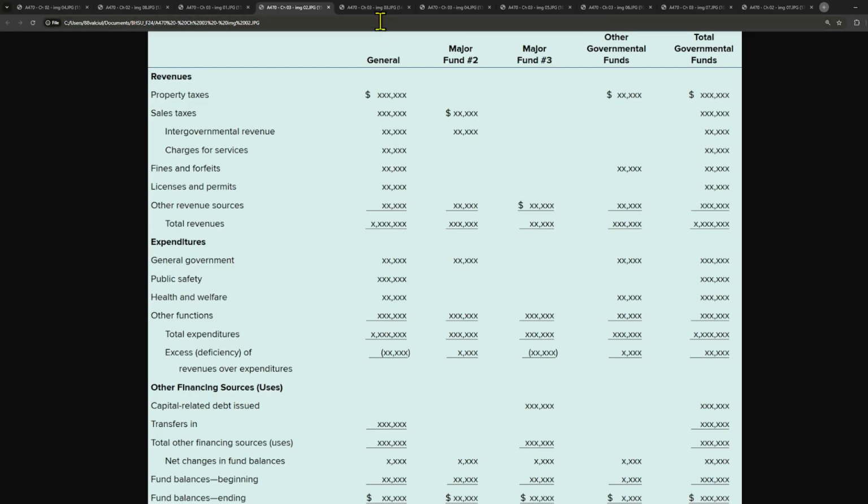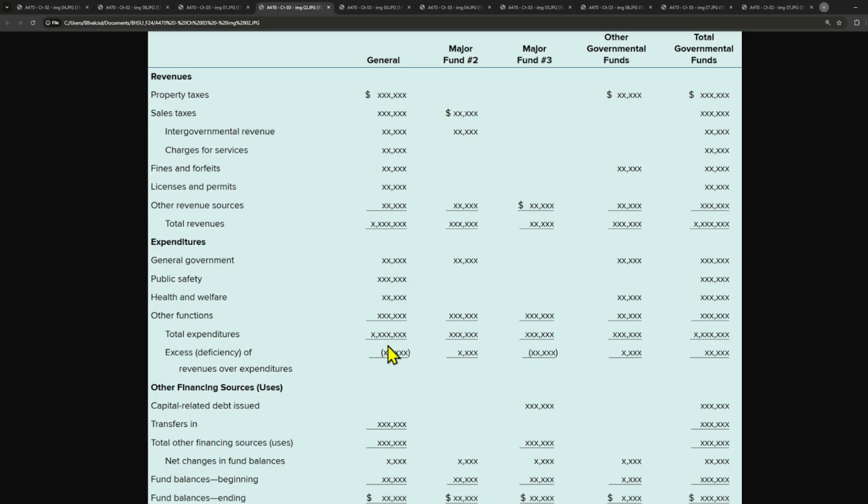Just make sure that you're clear, because unfortunately they have a bunch of confusing terms. Do you remember how confusing it was the first time you heard someone talk about depreciation expense versus accumulated depreciation, right? Why do they have to be so close in the terminology, and yet they're very different? Or sales revenue and unearned revenue. Sales revenue is a revenue, unearned revenue is a liability, right? So this is another one of those situations where you've got the word governmental in a lot of places.